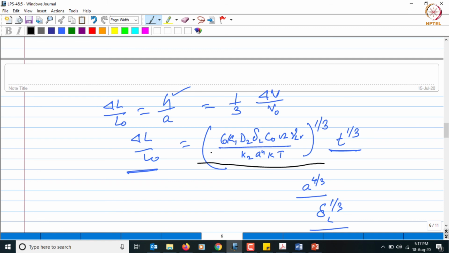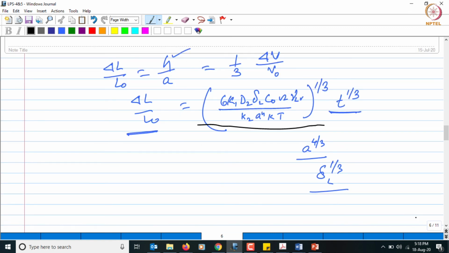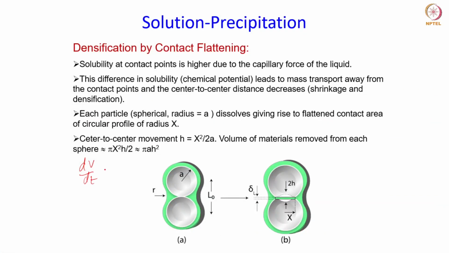Okay, so first dV by dt was derived, and from that we derived the shrinkage or the densification, and here we have seen that it varies with 1/3 power of the thickness of the liquid bridge, 1/3 power of the sintering time t, and inversely varies with the 4/3 power of the particle size. Okay.